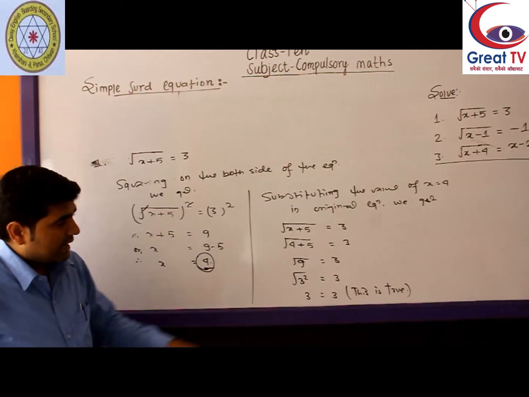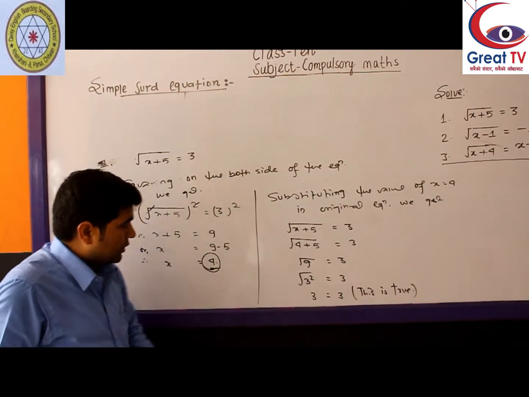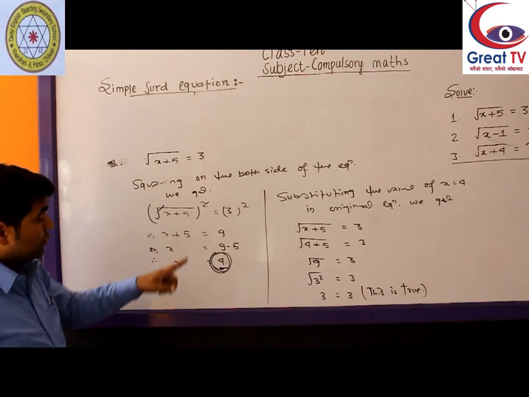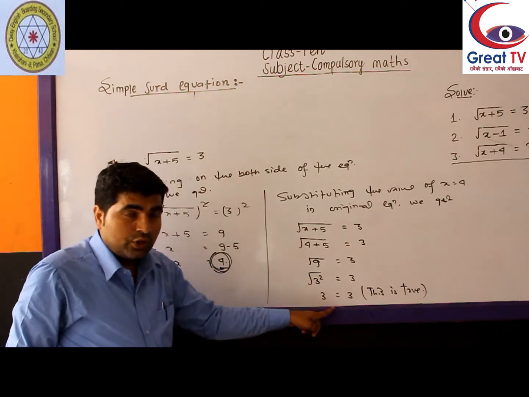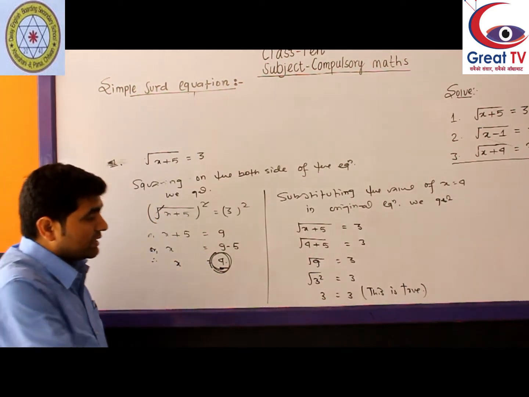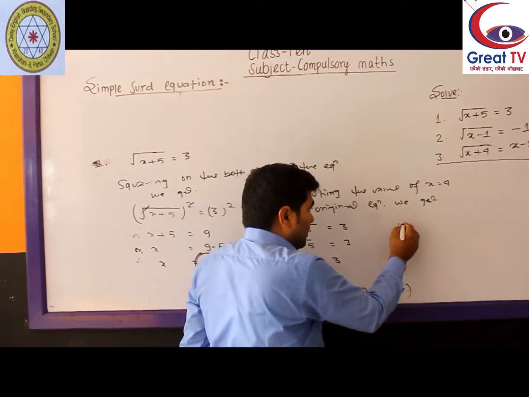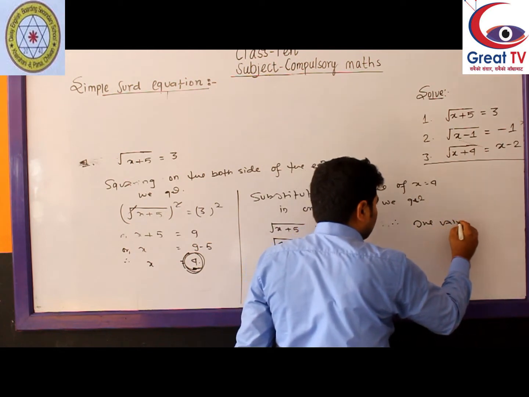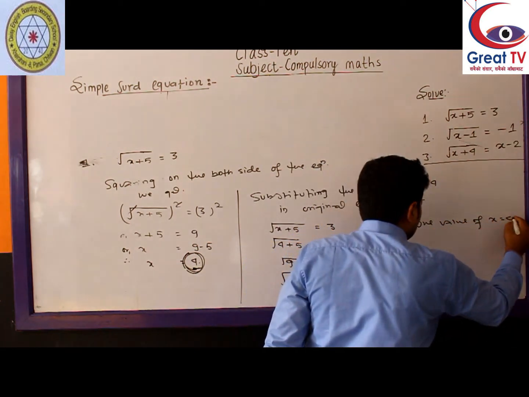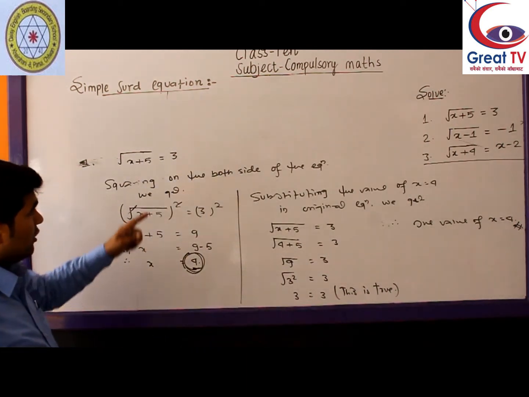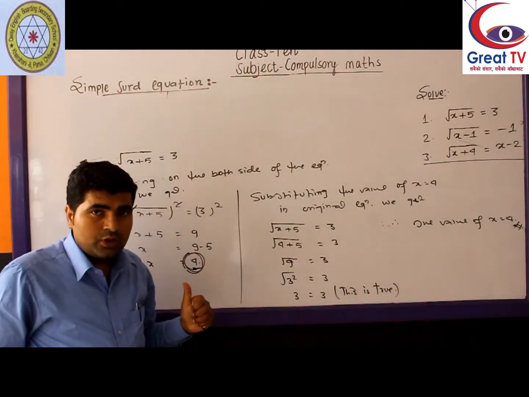Here LHS and RHS are equal. So this value of x satisfies that equation. Therefore the value of x equal to 4 is the solution.